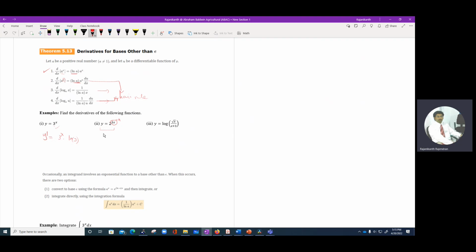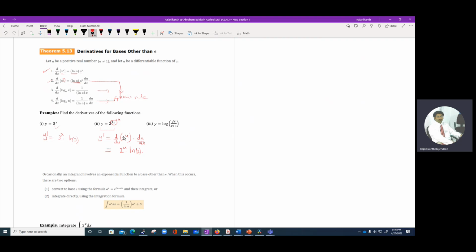So y prime is the derivative of 2 to the power u with respect to u times du over dx. Yes, I'm using the chain rule. So we know now by property number 2, the derivative of 2 to the power u with respect to u is 2 to the power u times ln 2.